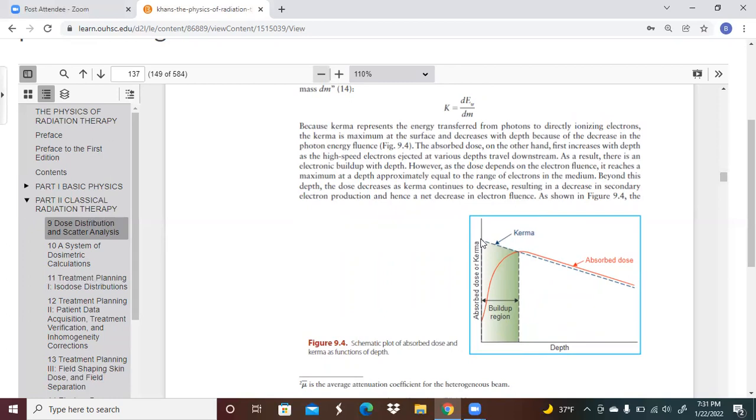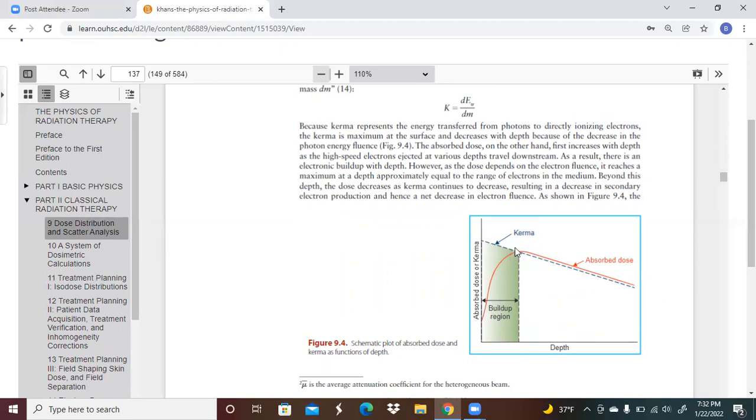The KERMA is going to be maximum here at the surface. As those photons decrease, you're going to see a lower and lower amount of KERMA being active in the patient, I should say.